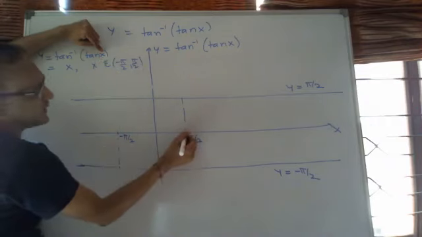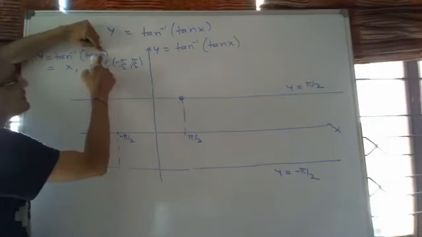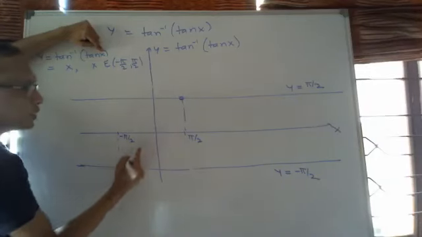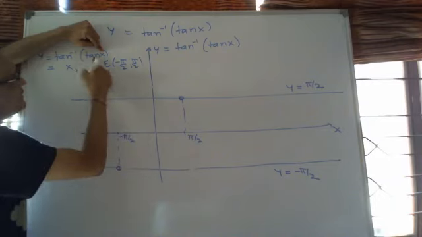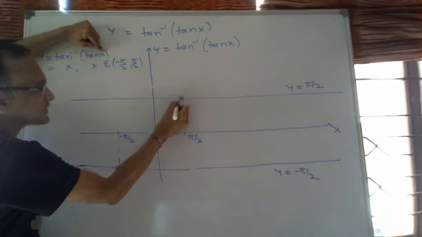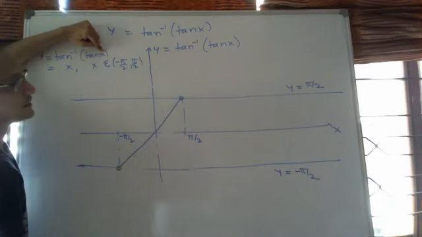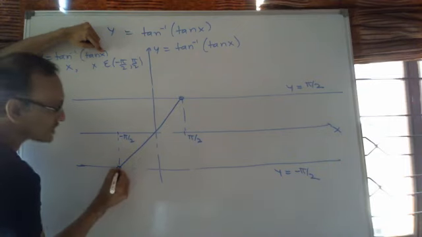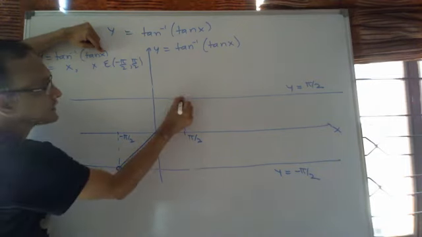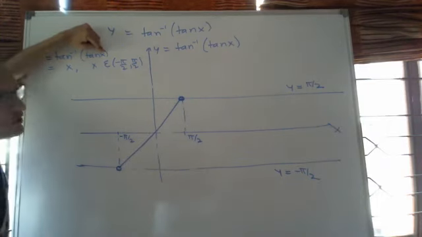At x equal to -90 also it is undefined. But when x is 0, tan inverse 0 will be 0. It will go like this straight line. Tan inverse tan x will go like this straight line, where these are kinks. These are hollow points, undefined at these points.